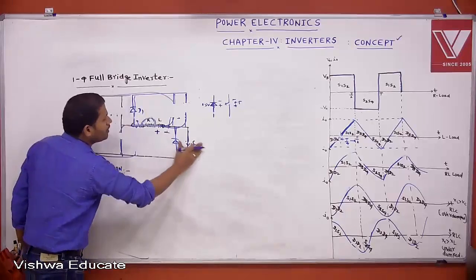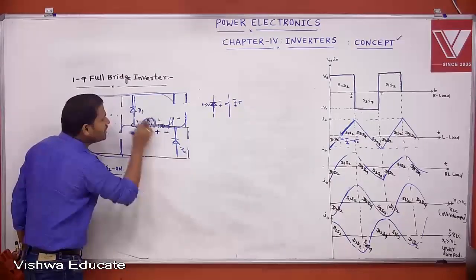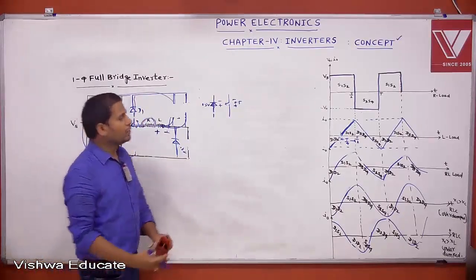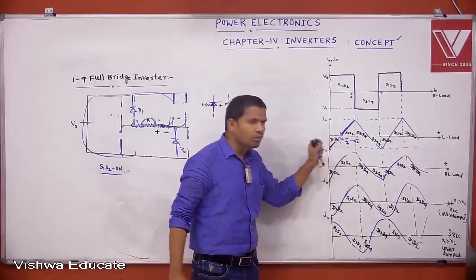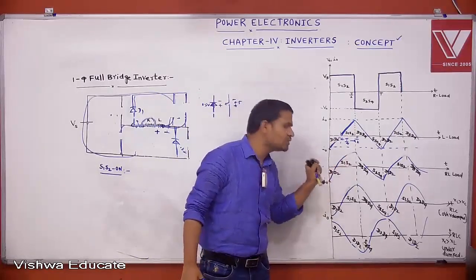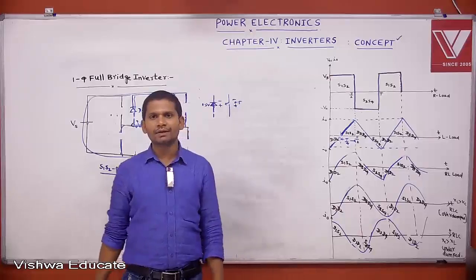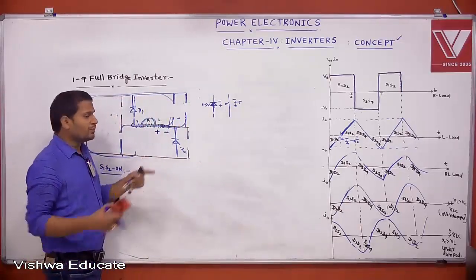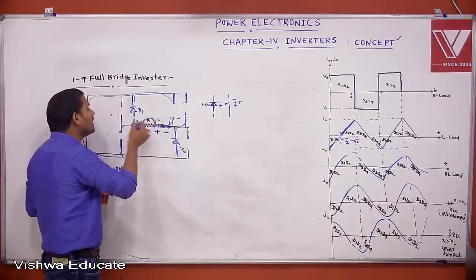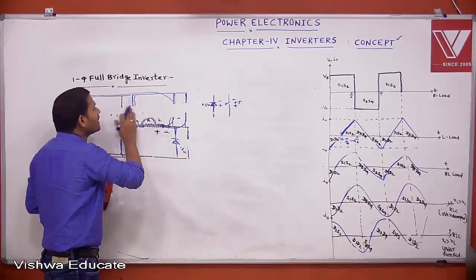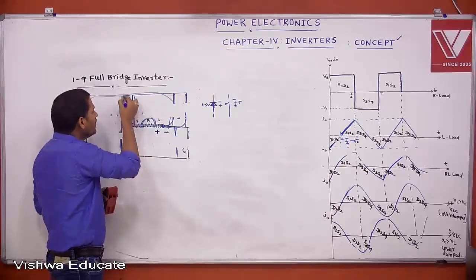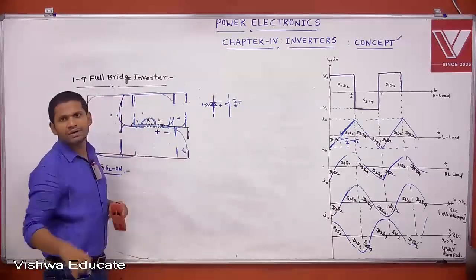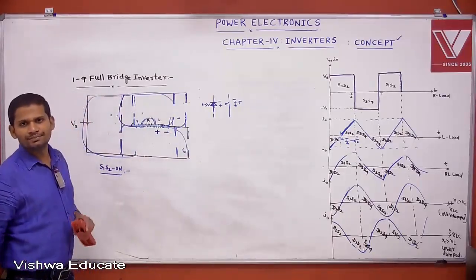That's why, before S1, S2, which device will conduct? D1, D2. Then how much time does D1, D2 conduct? Same. Whatever energy is stored in the inductor is dissipated in the resistor, then D1, D2 will be turned off. Then which device will conduct? S1. Again the cycle is repeated.